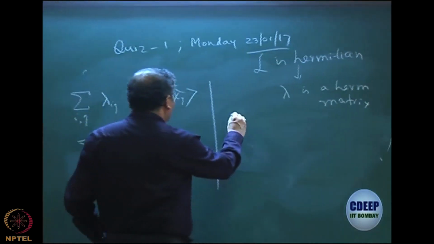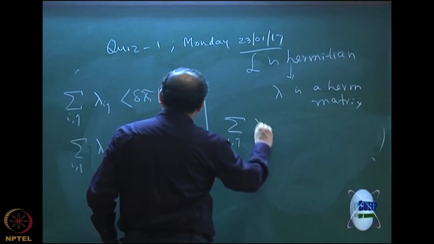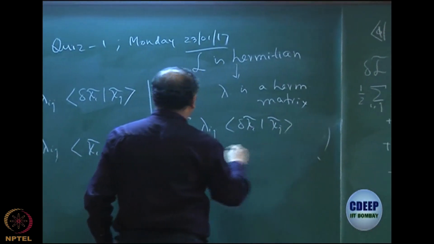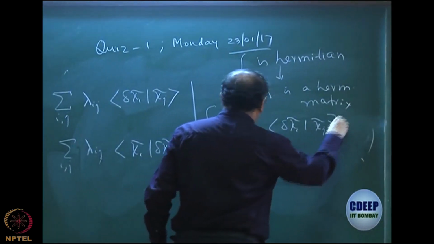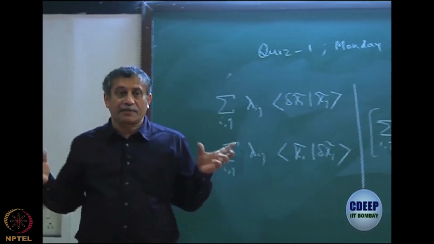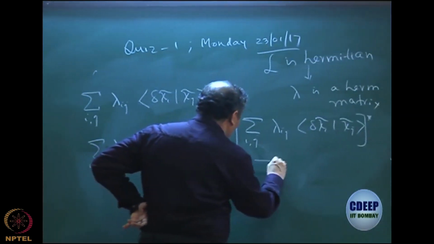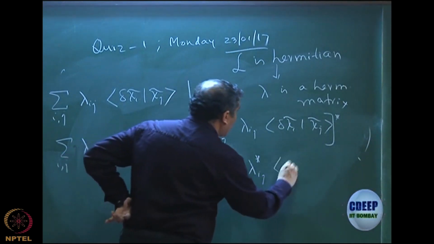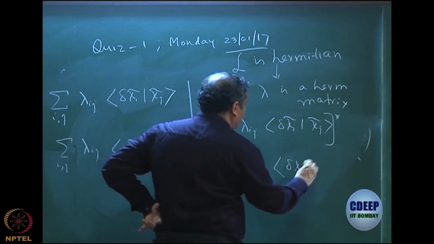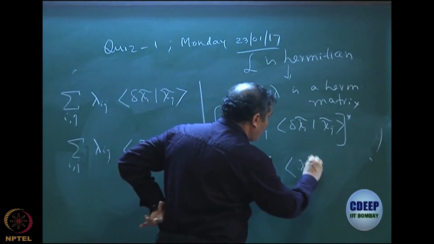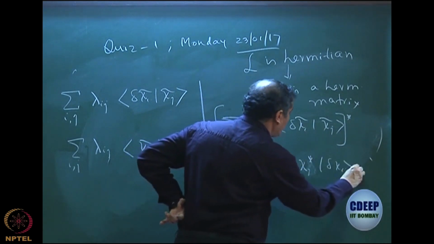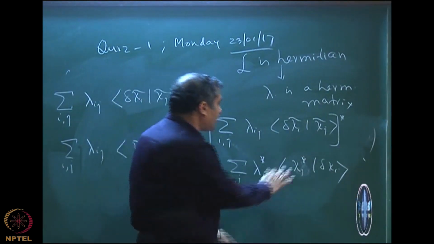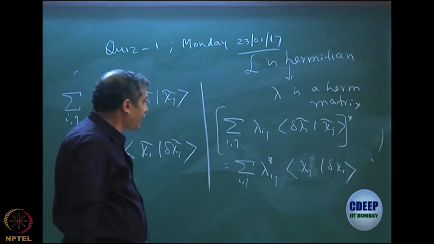So you can see what happens now. If I take a conjugate of sum over ij, lambda ij, delta chi i tilde, chi j tilde, star. So if I take a star of this, what will happen? I am taking a star of the entire summation, not each star. So this will give me sum over ij, lambda ij star, chi j tilde star, delta chi i tilde star, correct?